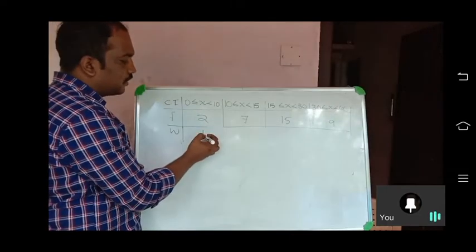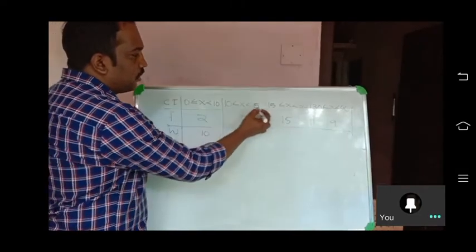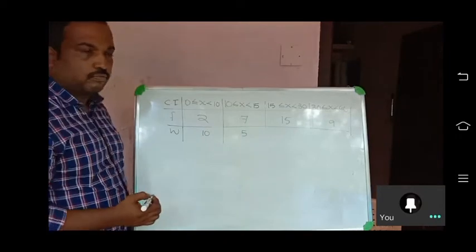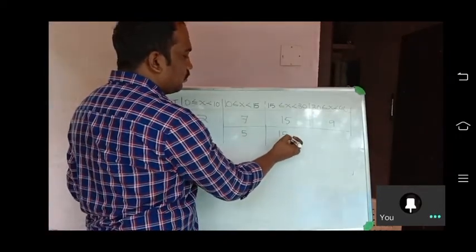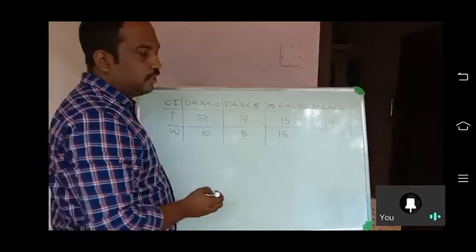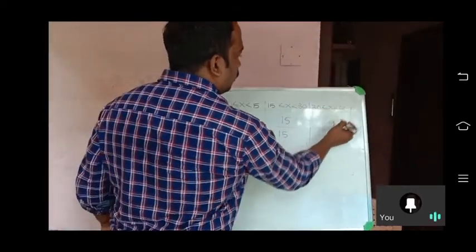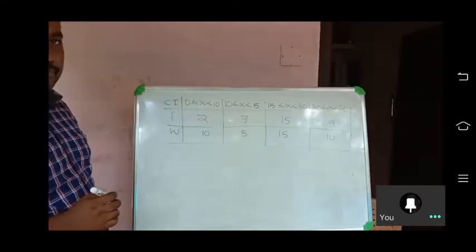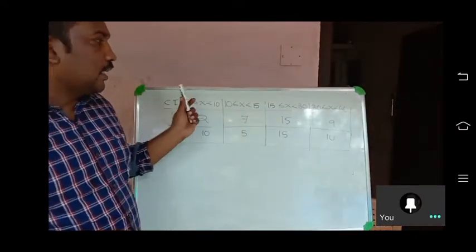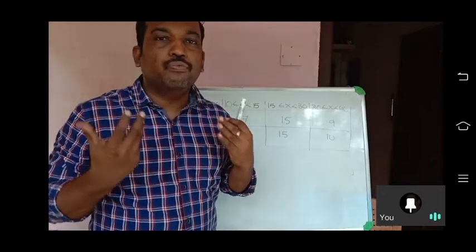Here the width is 10. Here the width is 5. Here the width is 15. Here the width is again 10. So here the classes have different widths.